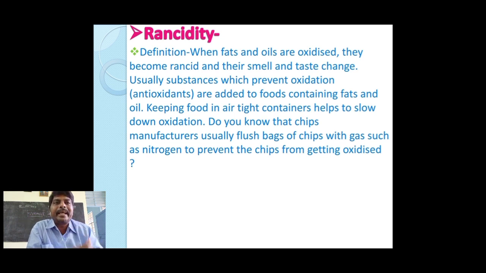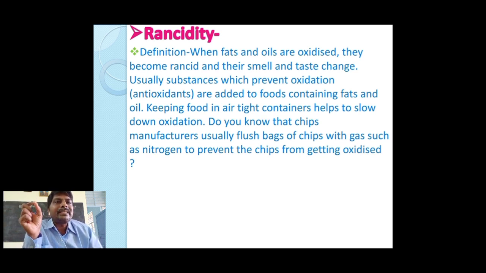I will explain again. When fats and oils are oxidized, they become rancid and their smell and taste change. This is called rancidity. Generally, corrosion you can observe in the case of metals. Rancidity you can observe as a change in the eatable items prepared with oil.